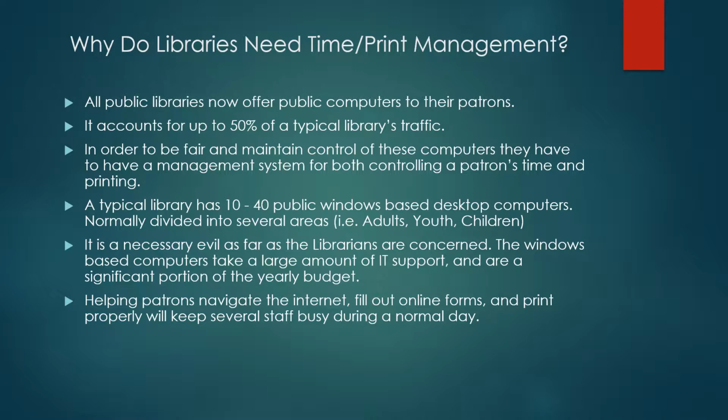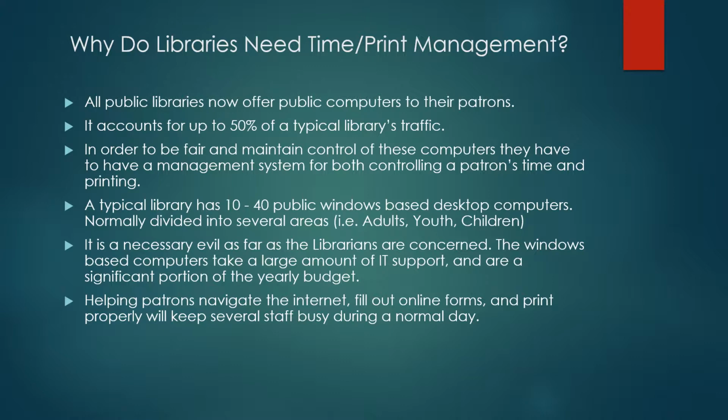Libraries nowadays, probably 50% or so of the library's traffic is going to use the public computers. A typical library might have 10 to 50 or so public Windows-based desktop computers. Normally, and especially the medium to larger size libraries, they might be divided up into several different areas, i.e. adults, youth, children areas.